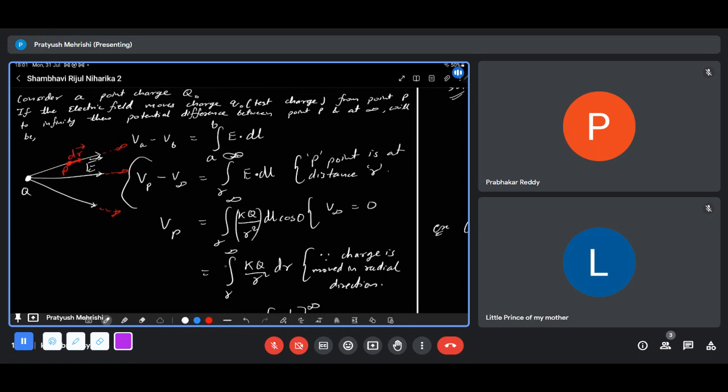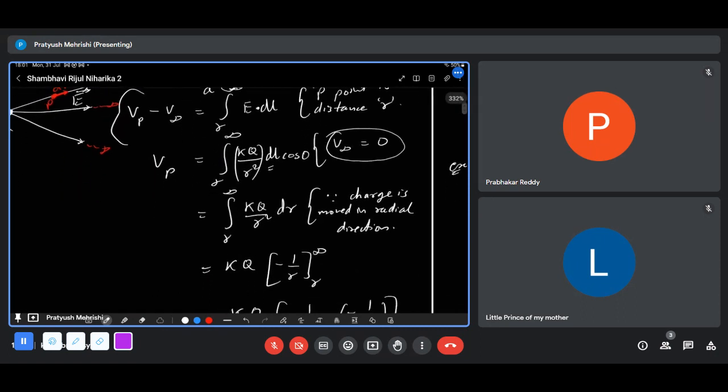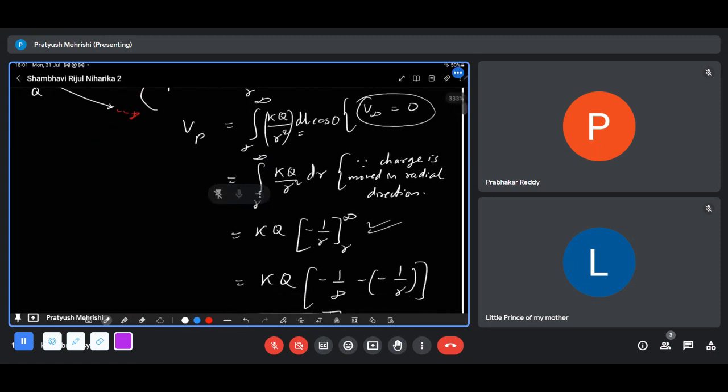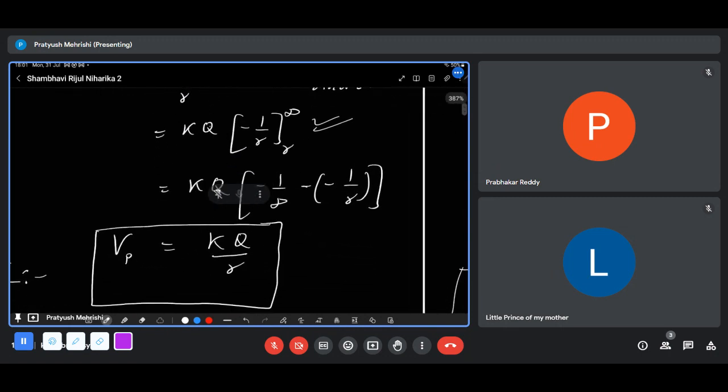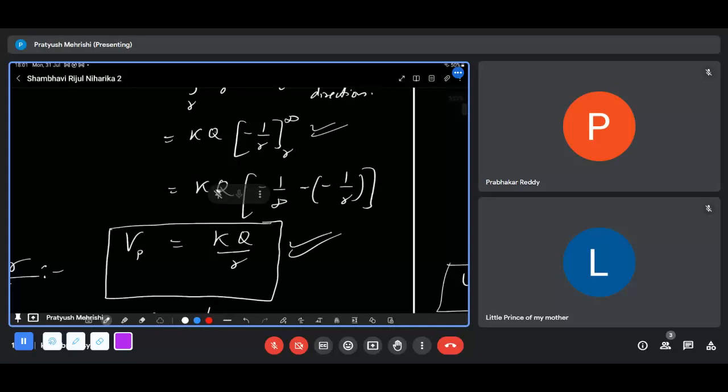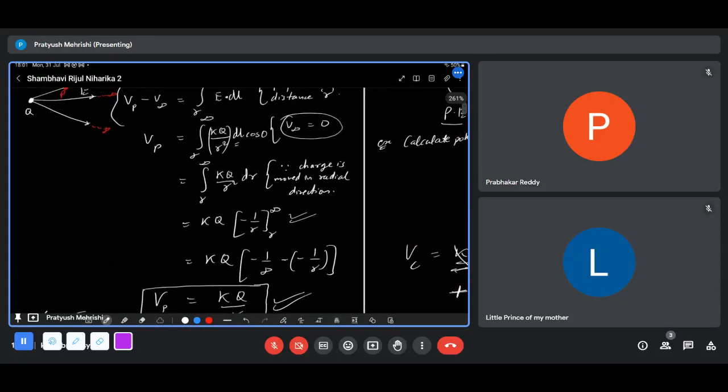Electric field is kq upon r square, with dl cos theta. When we do upper limit minus lower limit, we know that at infinity potential is assumed to be 0. k is constant, q is constant, 1 upon r square will be integrated like this, and ultimately we will get kq by r as the potential at any point r because of a single point charge. Okay, got it?